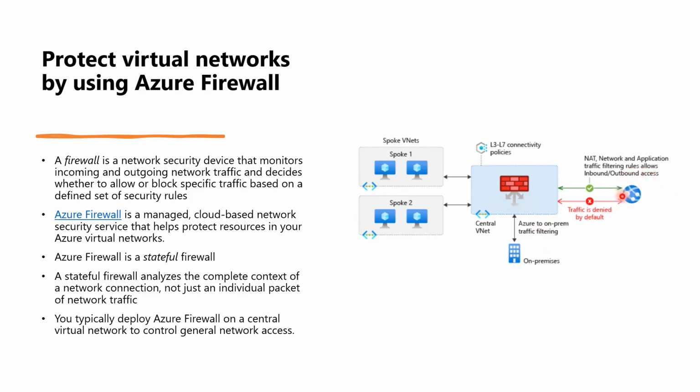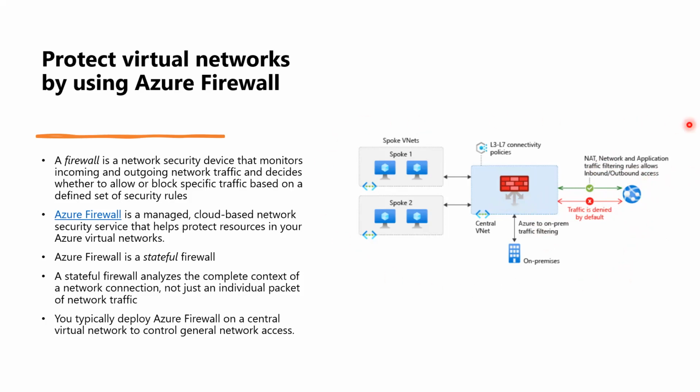By default, this traffic is denied. If you do not configure any policy or rules, all the traffic is denied by default. But then you use network address translation, or NAT, and network and application traffic filtering rules, which allow or govern your inbound or outbound access.